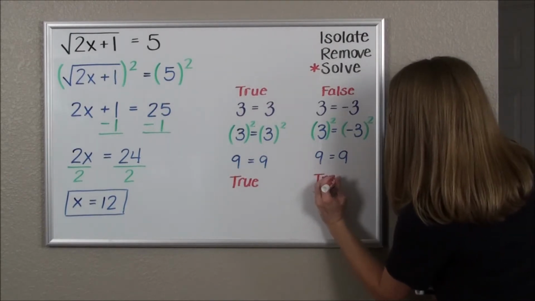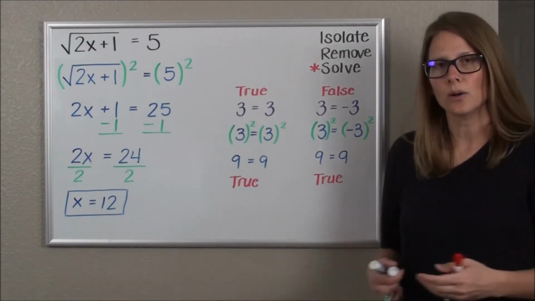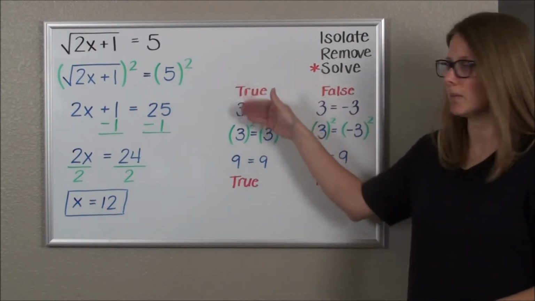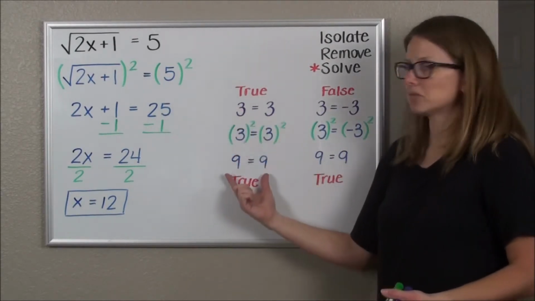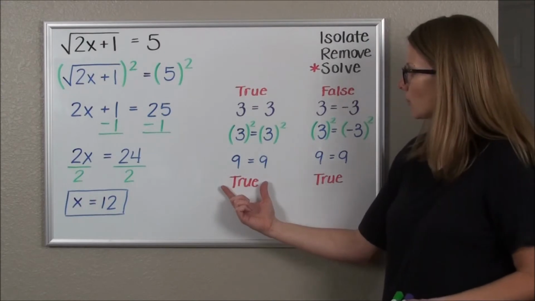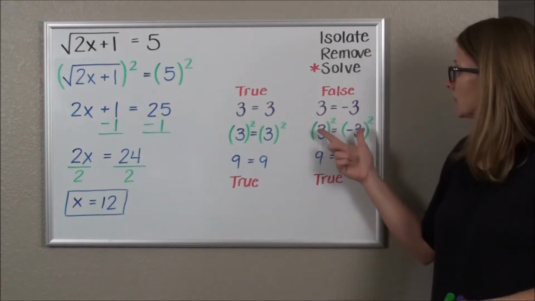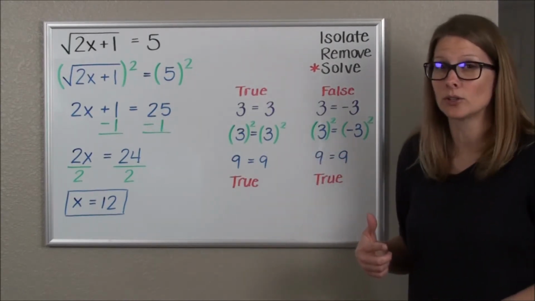So there is a danger that accompanies squaring both sides. There's nothing wrong with it. In fact, in this case, it maintained a true statement all the way through. Squaring both sides kept the statement just as balanced and accurate as it was. But if I started with a false statement, it was possible that through squaring both sides, I made that false statement look true.